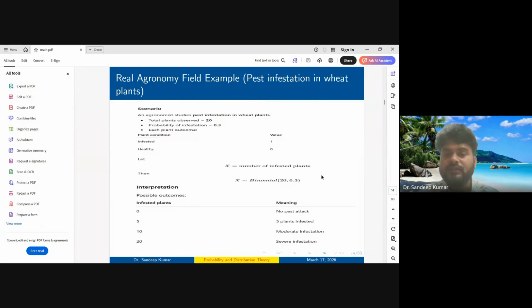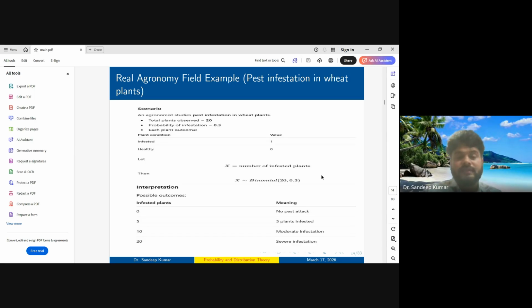Let X follow the number of infested plants. So here X is a random variable related to infested plants. Okay, so X follows a binomial distribution with n equal to 20 and p equal to 0.3.